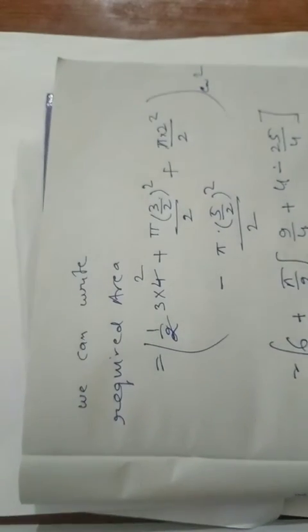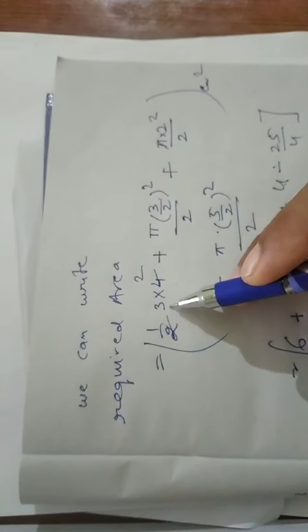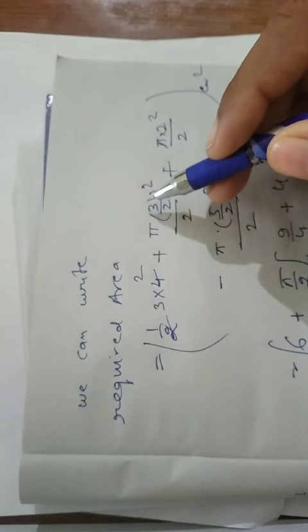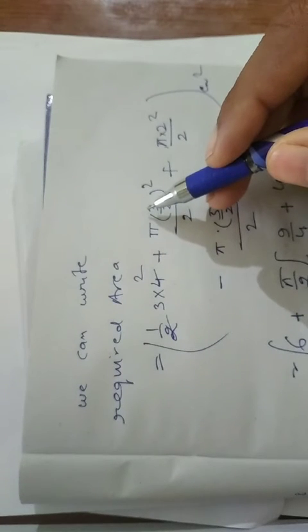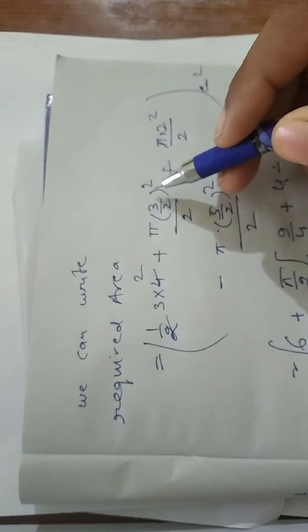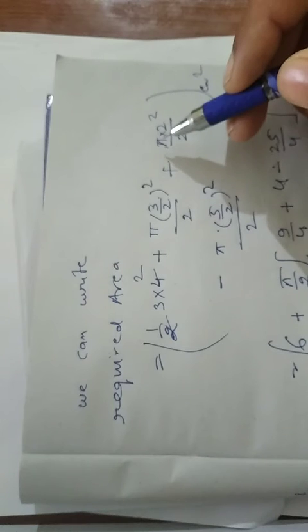So this is the area of triangle, 1 by 2, 3 into 4, base into height or height into base, you can say anything, plus pi. AB is the length of 3 centimeter, therefore radius will be 3 by 2, pi 3 by 2 square by 2, plus pi.